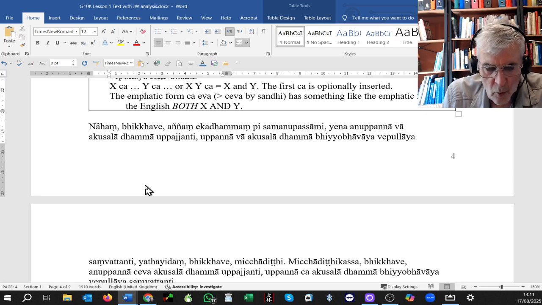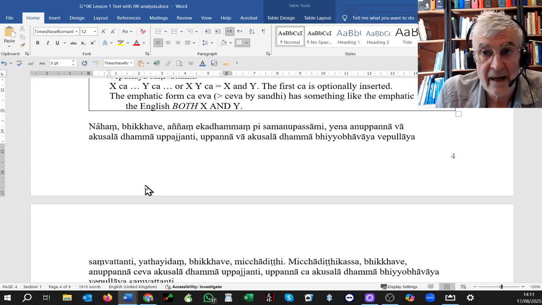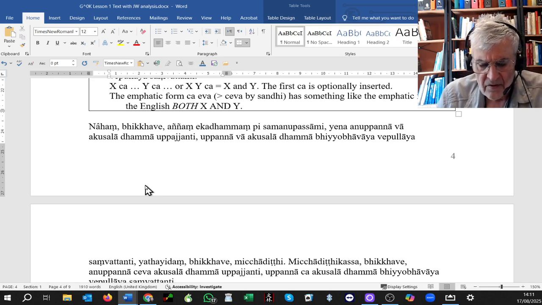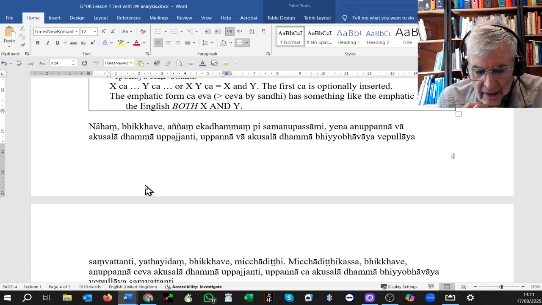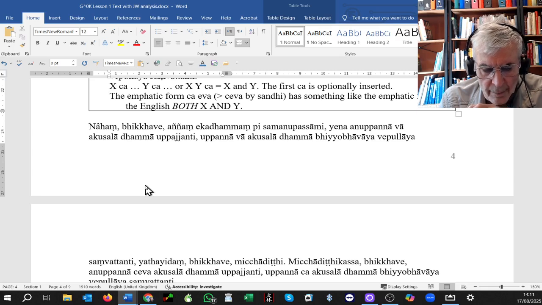We just had uppannava akusala dhamma bhiyyo bhavaya vepullaya samvattanti yathayidam bhikkhave micchaditthi. So yena, by which anuppannava akusala dhamma uppajjanti.